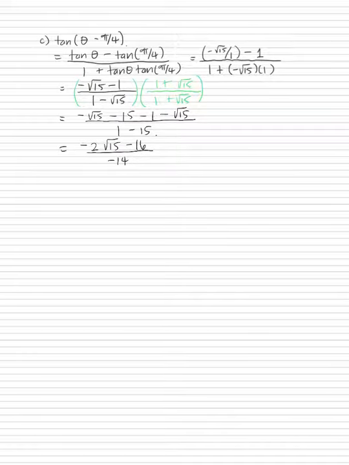I think 2 is going to go into 2 and a 14 and a 16, so dividing out by 2's, we're going to get negative root 15 minus 8, the whole thing over minus 7, too many minuses. So here, think of it this way: factor out the minus from the numerator, then you're going to have this over minus 7. So negative over negative makes it into a positive, so our answer is going to be root 15 plus 8, whole thing over 7.